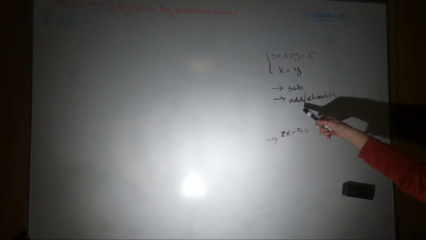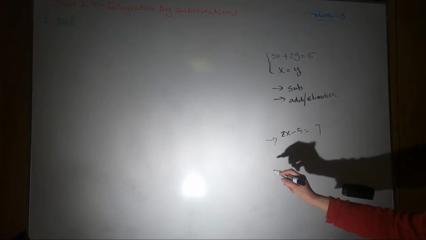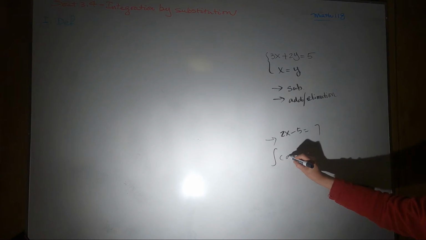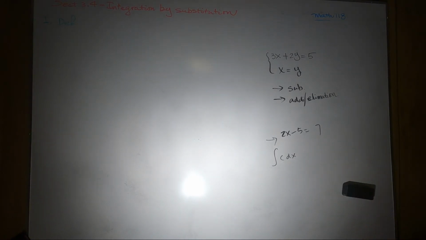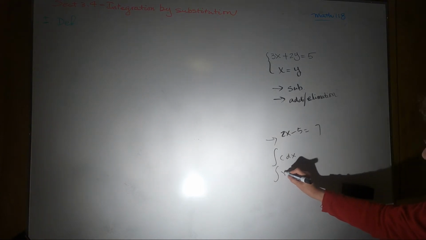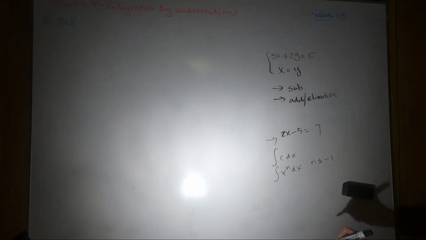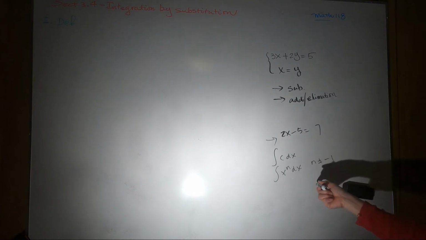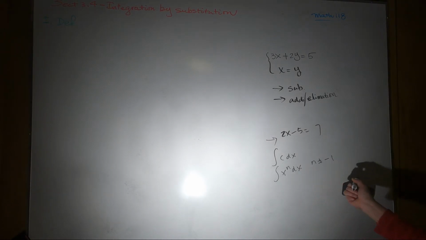But when you have a more complicated situation, we have different methods. So for integrals, what did we do? For the basic ones, we had the constant rule and the power rule, right? We also have the sum and difference rule, and the constant multiple rule.